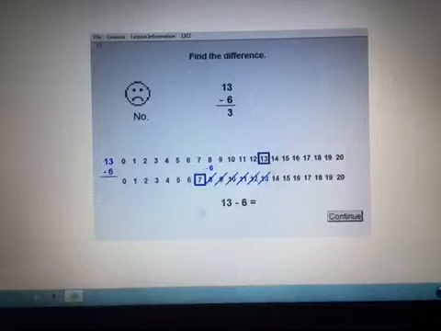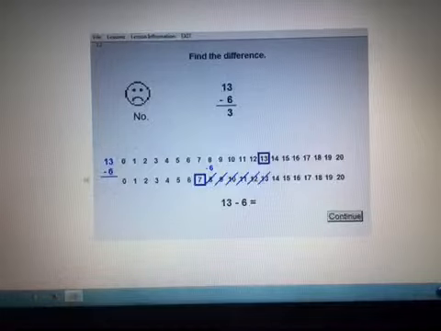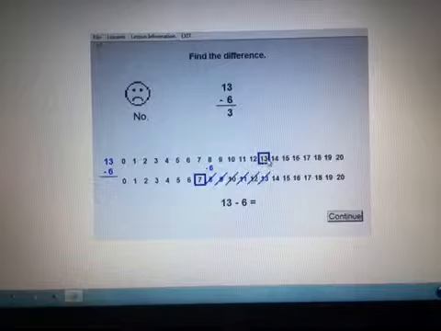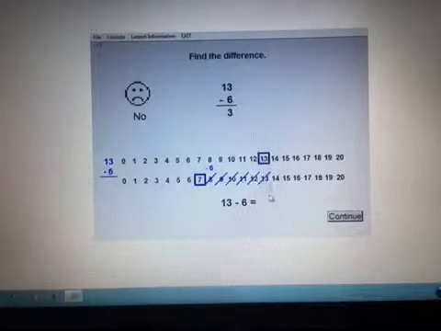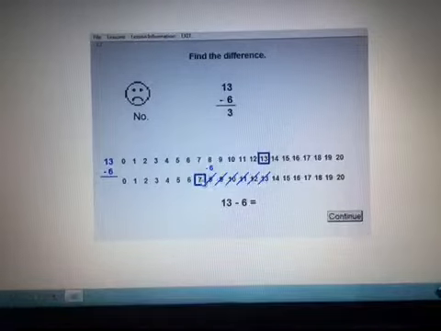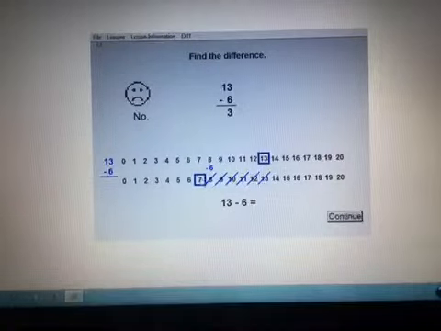So I think you can begin to see we have our randomly generated problem. We have its representation here. We have the problem and the counting off.